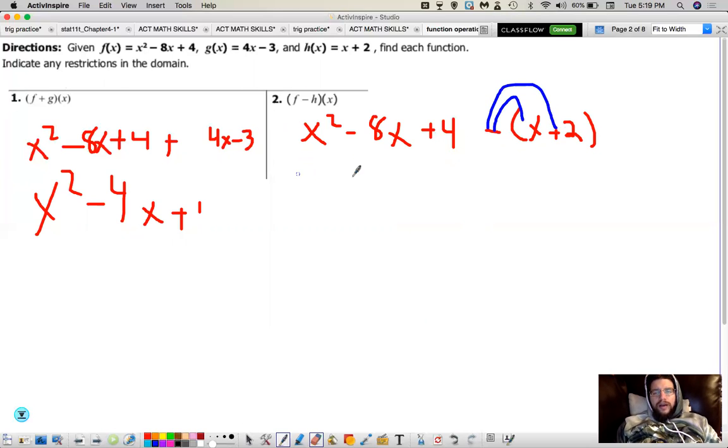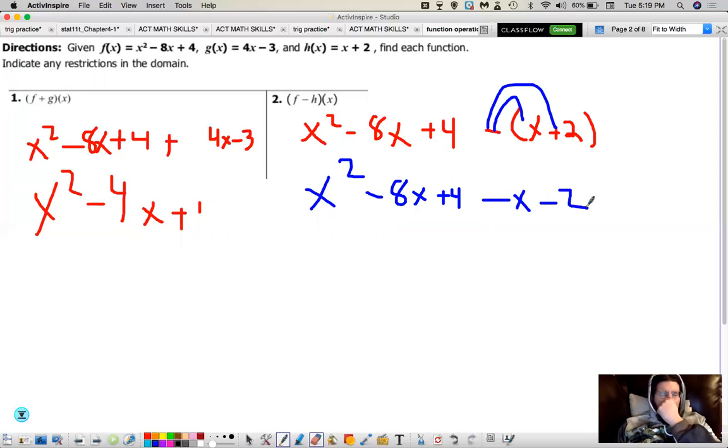So if you need to, you can write out a whole other step. If you don't need to, you don't have to. I'm going to go ahead and write it out so everybody can see it. If I distribute that negative, I'm going to get a minus x and a minus 2. So that's going to be x squared minus 9x plus 2.